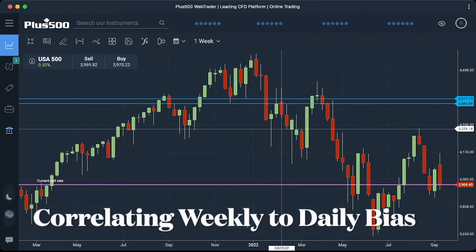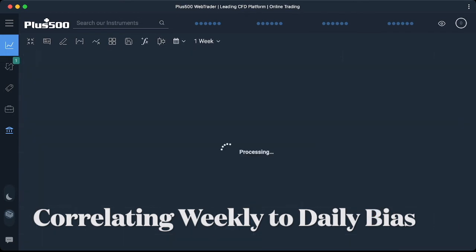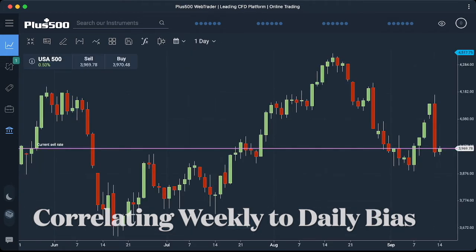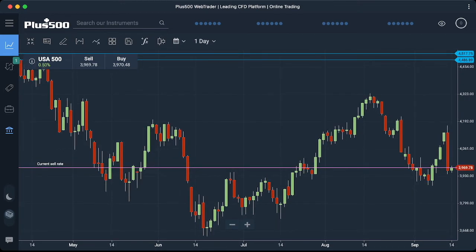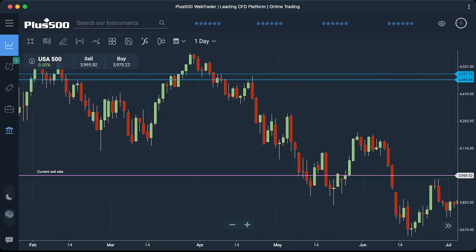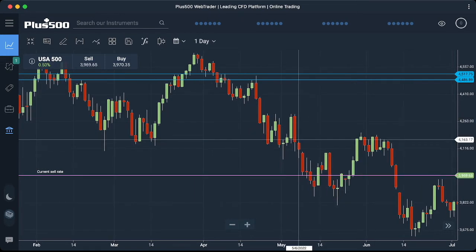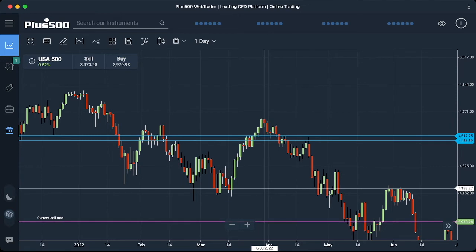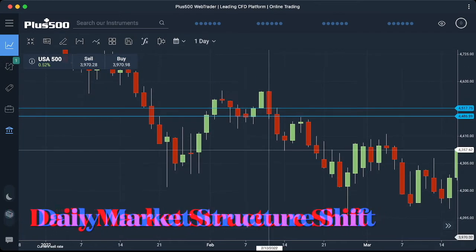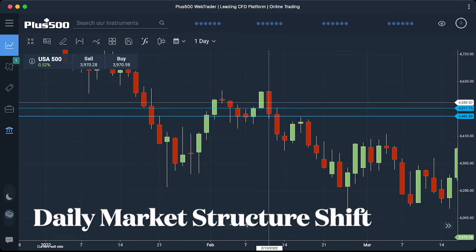So based on this, when you go and you want to find your daily bias, you have to look for sell setup only, and you have to look for basically bearish daily bias, because of that market structure shift in the weekly. So that is a high probability trade and high probability bias which you can find out based on the weekly market structure shift.